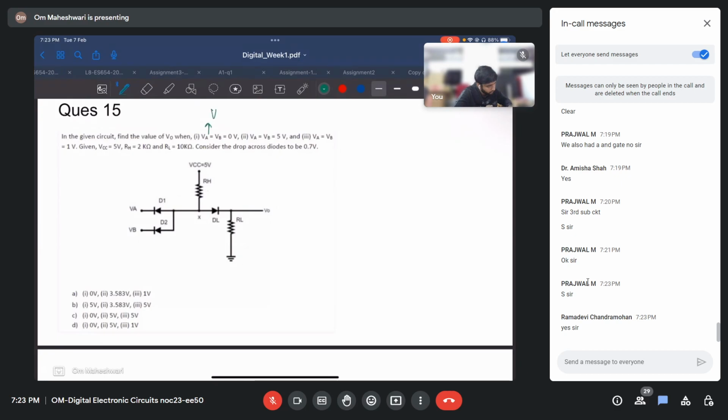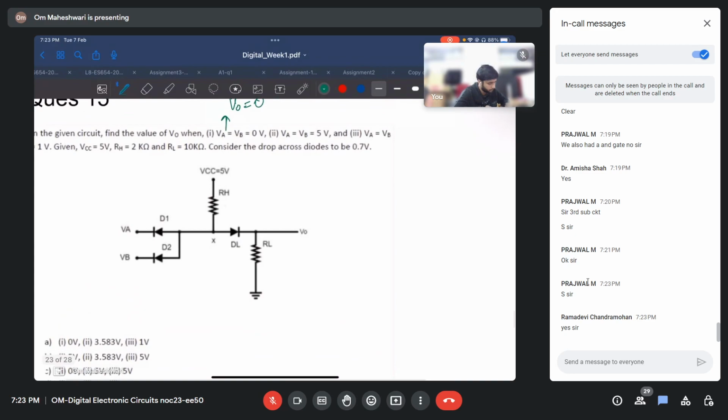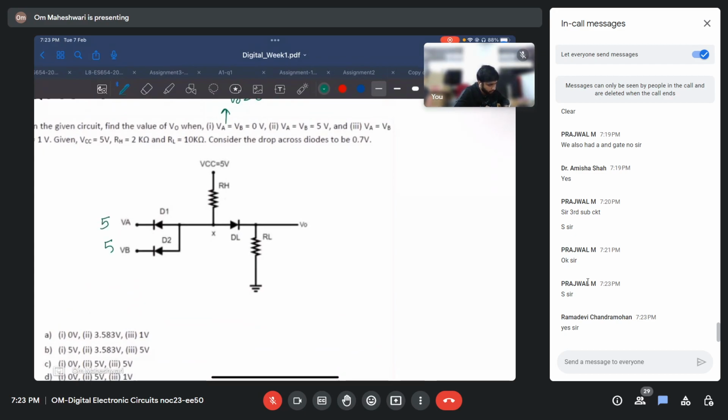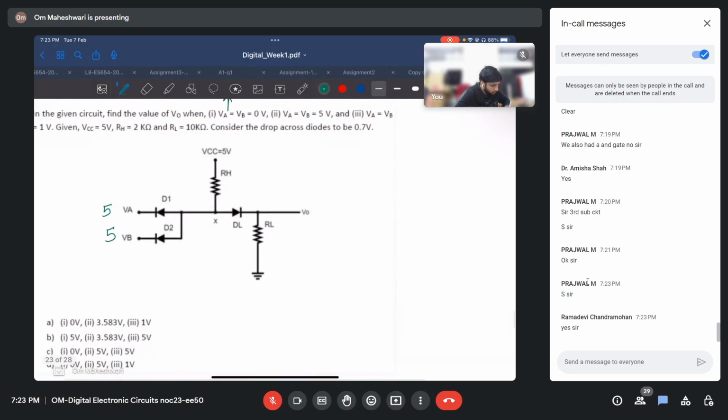First case, we got VO equals 0. Second case, when VA and VB are 5, it's 5, this is 5. Okay, when both are 5 volts, so both diodes are off, right? Now the circuit that we have looks like this.